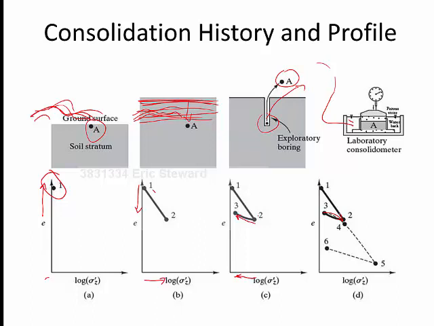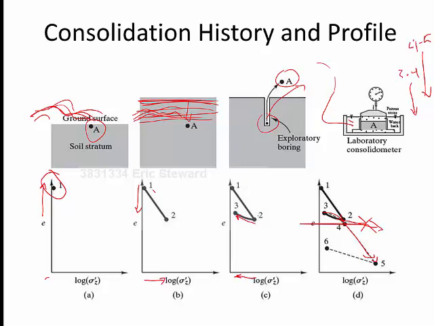And then all of a sudden, more stress is being applied. Say your first increment of stress was from 3 to 4, and then more stress is applied from 4 to 5. Notice that the slope of this stress to void ratio relationship follows the same curve as it did previously, right here. It does not continue down this path here.